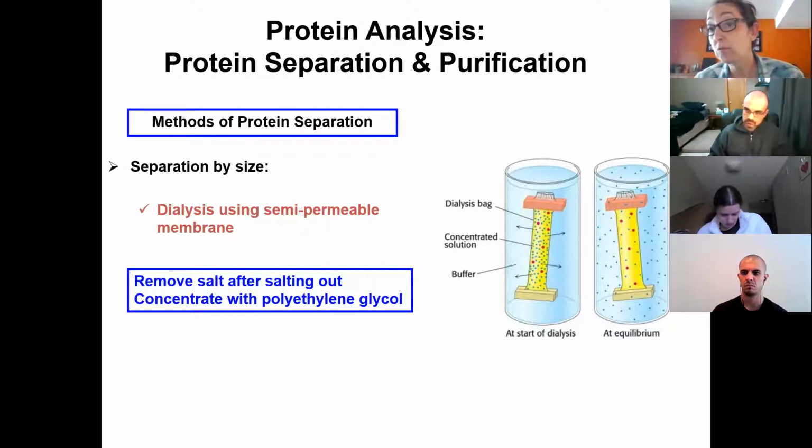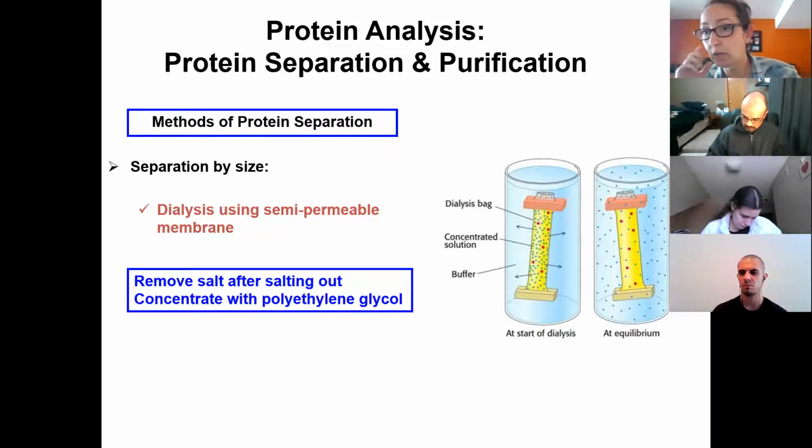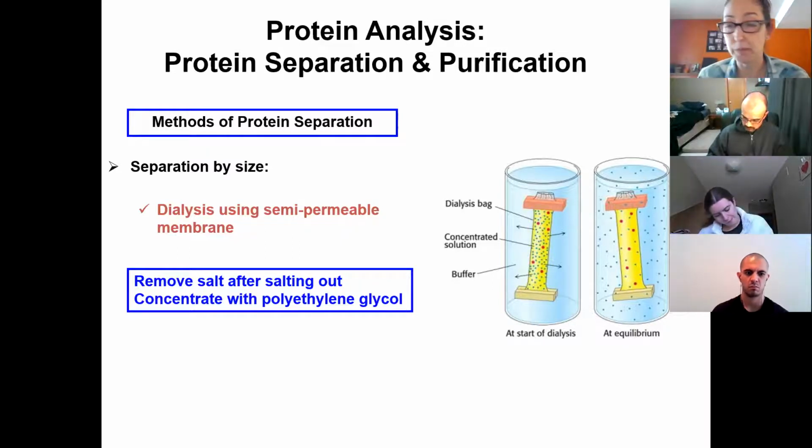With 10 kilodalton, you might lose small molecular weight protein, so we don't recommend that. So the protein remains concentrated in the tube, and after that, you take the tube and you either subject it to drying or any analysis that you have in mind, but at least you get rid of the salt.